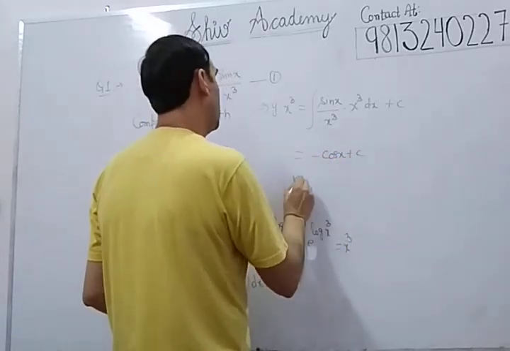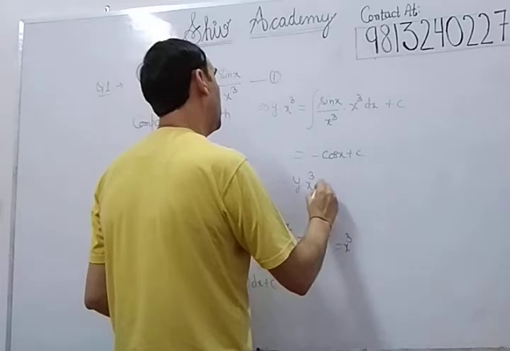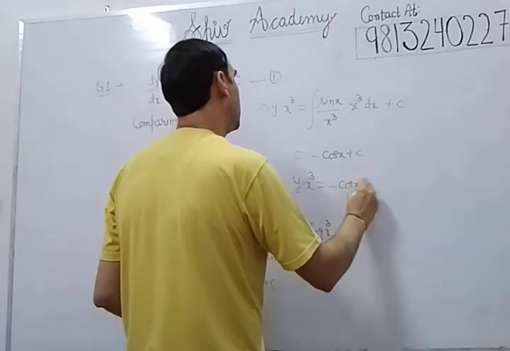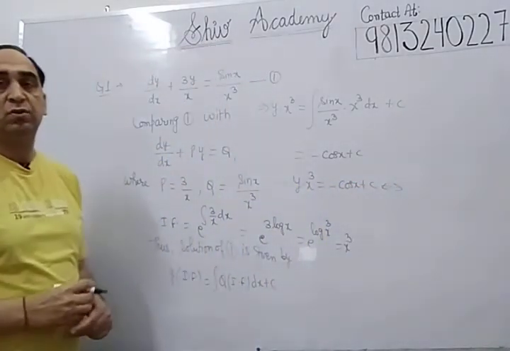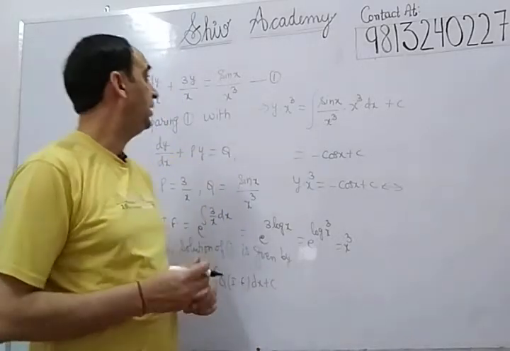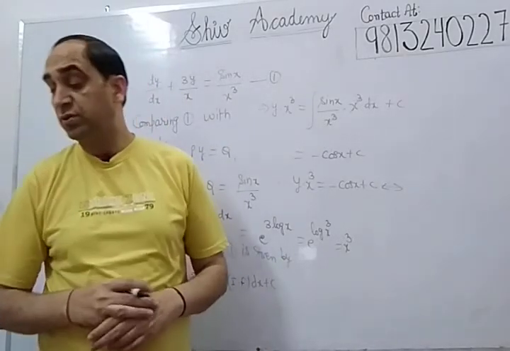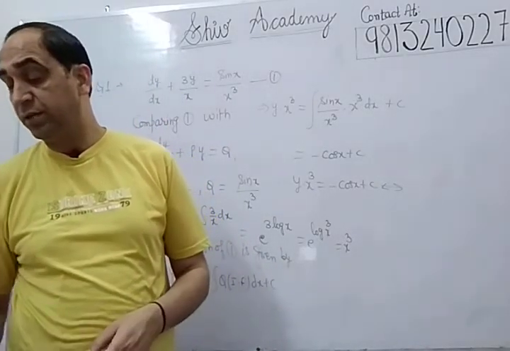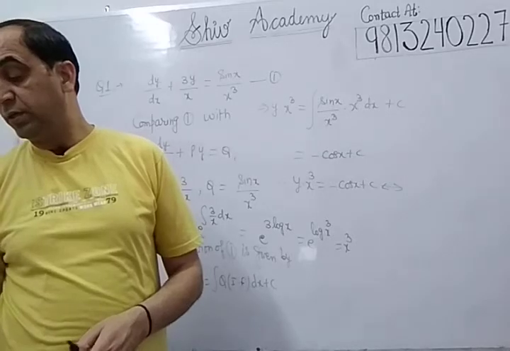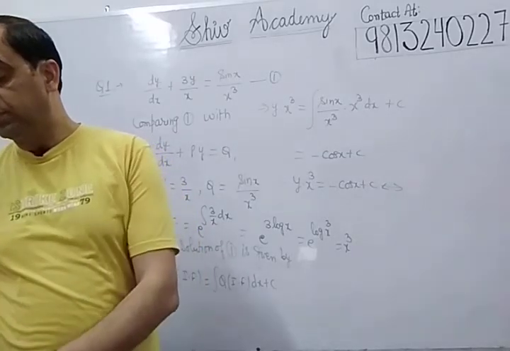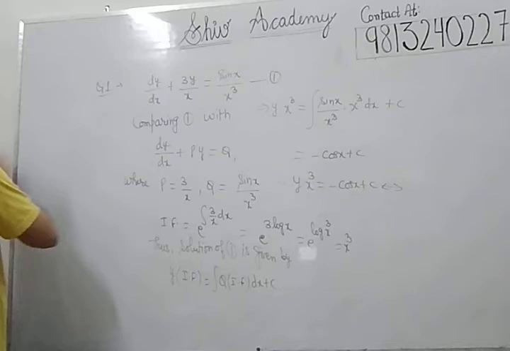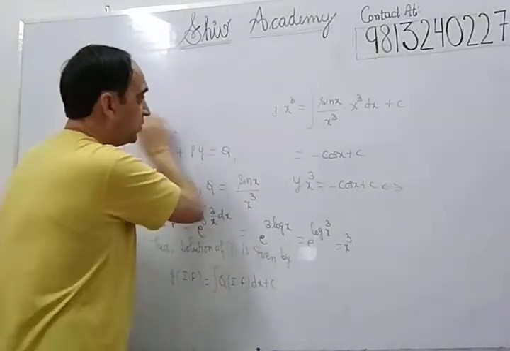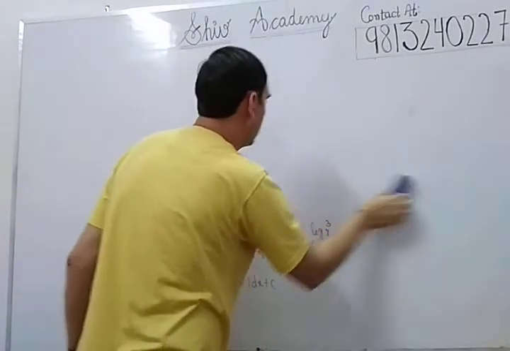So your solution is y into x cube is equal to minus cos x plus c. In this way we can find the solution of a linear differential equation of first order and first degree. I think you understand how we can solve the differential equation of first order and first degree, which is linear also.